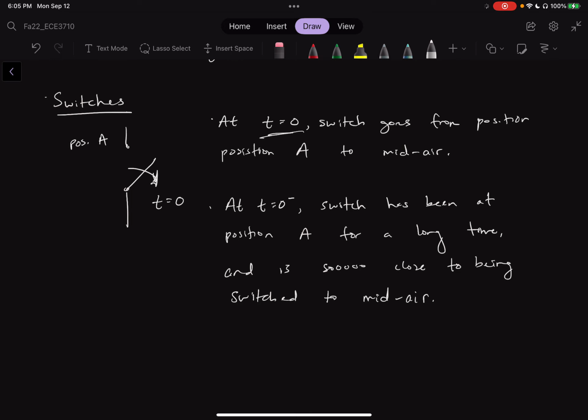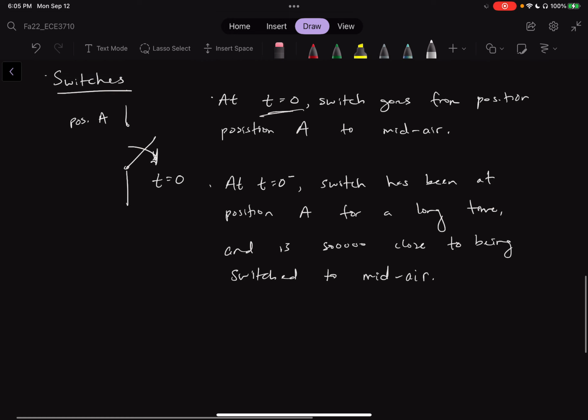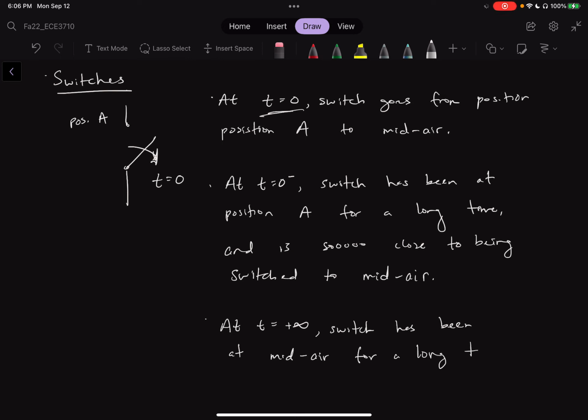Similarly, at t equal to positive infinity, the switch has been in mid-air for a long time. Okay? Those are the three takeaway messages when we talk about switches.